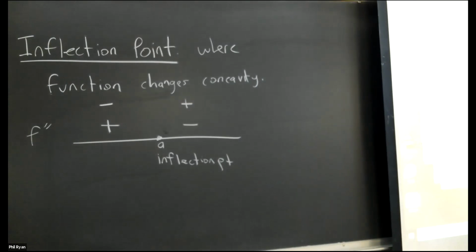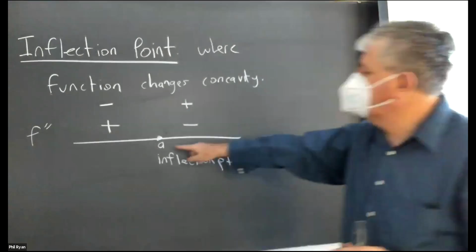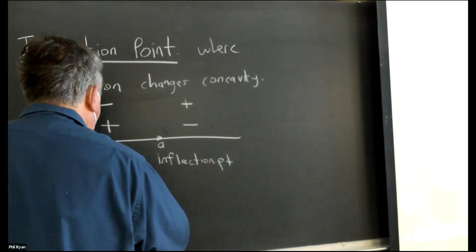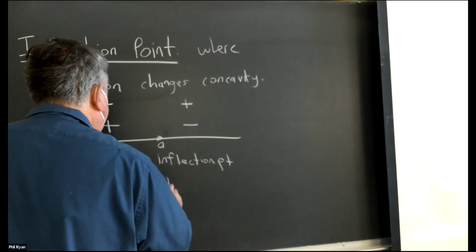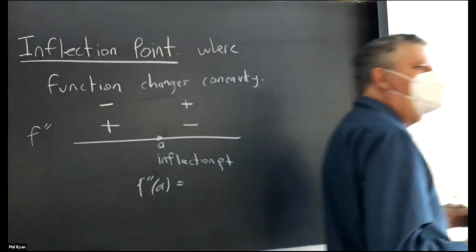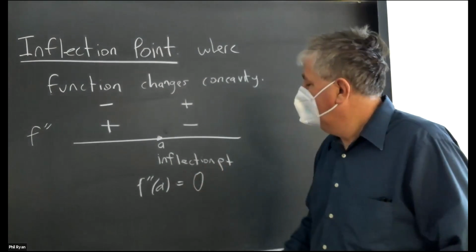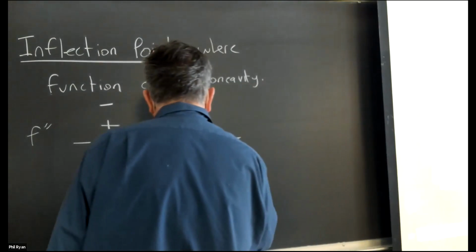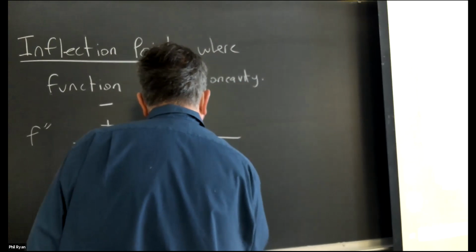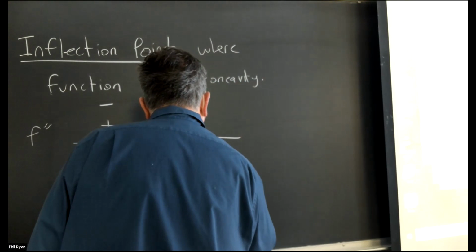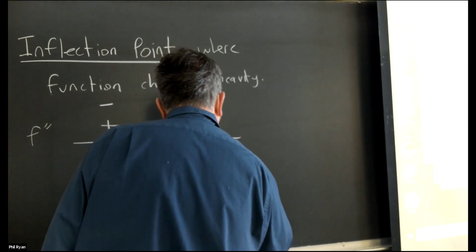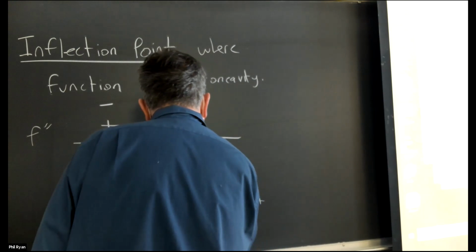We don't make any distinction between the two types of inflection points like we do with maxes and mins. And so what happens at a? What does the second derivative at a have to be? 0. Typically 0, although you might have a perverse case where it does not exist or is infinity.